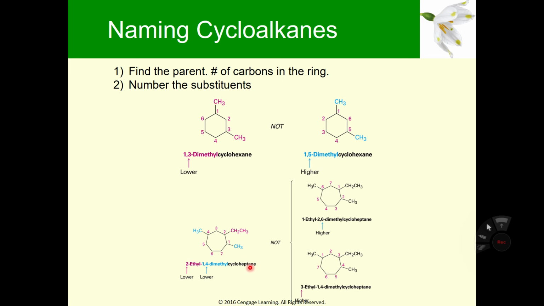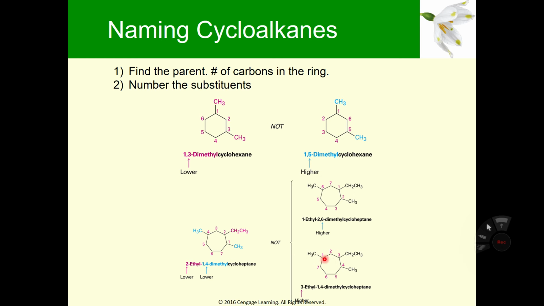Let's take on the second example here. We immediately know that the cycle form is the parent, right? Because it has 7 carbons, versus 1 carbon, 1 carbon, 2 carbons. Now you have 2 methyl substituents and 1 ethyl substituent. You can start from here, or you can start from here like this. If you start from here, everybody knows that we have to go anti-clockwise to make the number minimum.